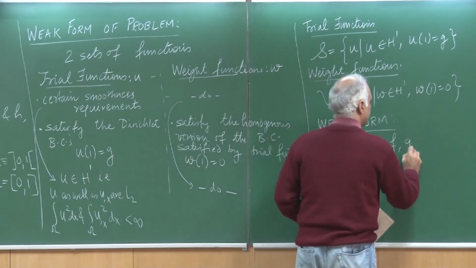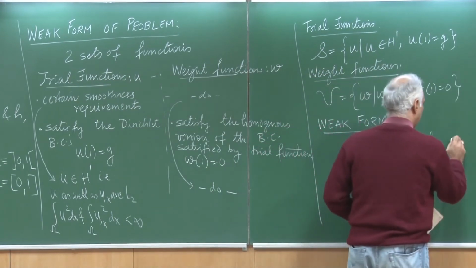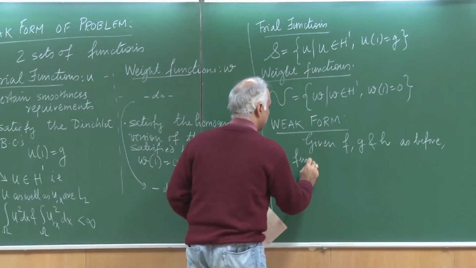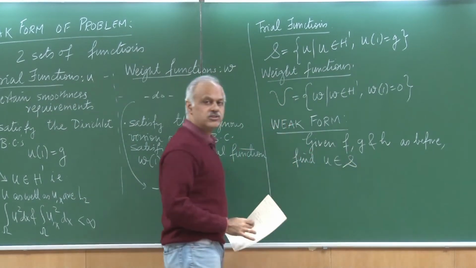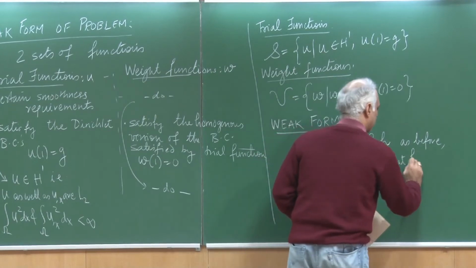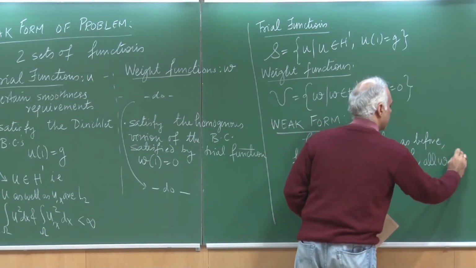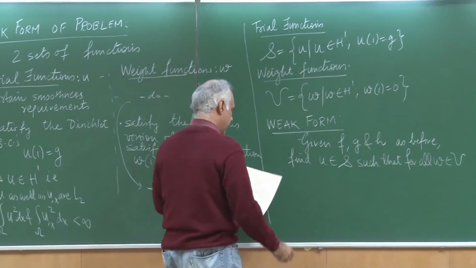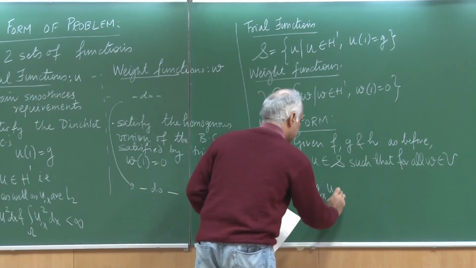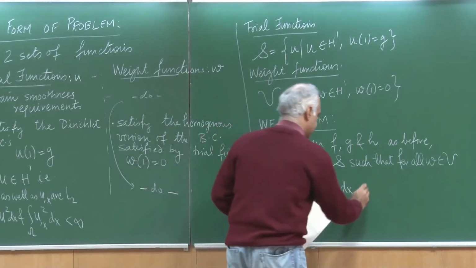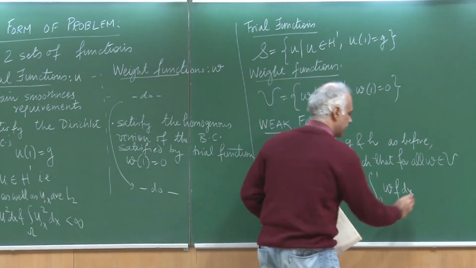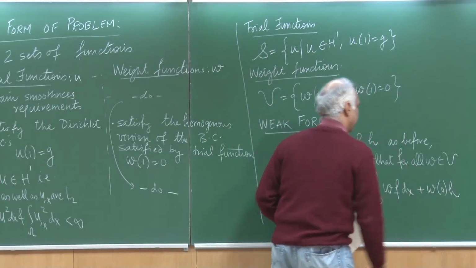Given f, g and h as before, I have to find a u that belongs to the solution space such that for all w that belong to the space V, I satisfy this condition: the integral from 0 to 1 of w,x u,x dx equals the integral from 0 to 1 of w times f dx plus w at 0 times h.